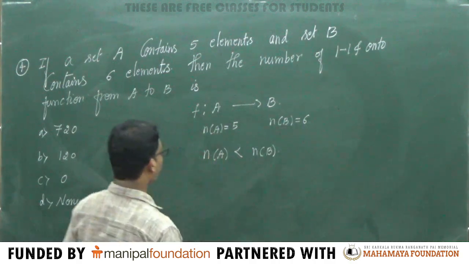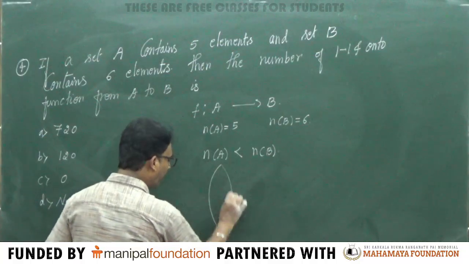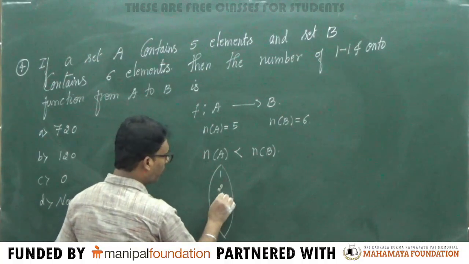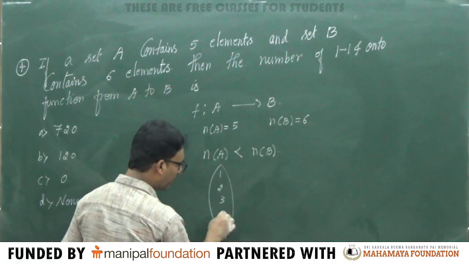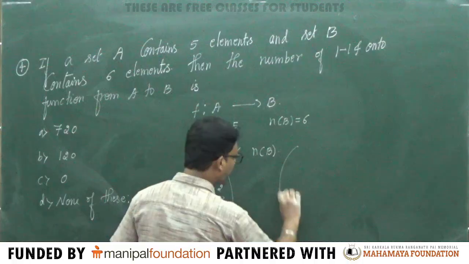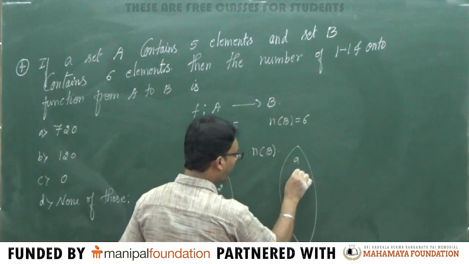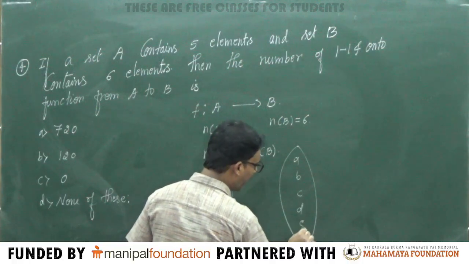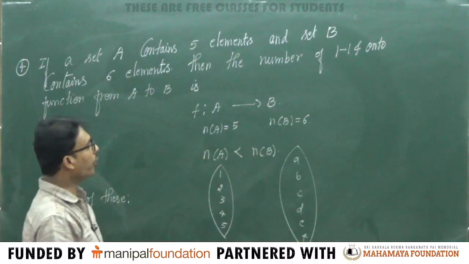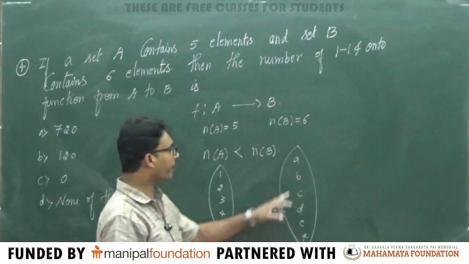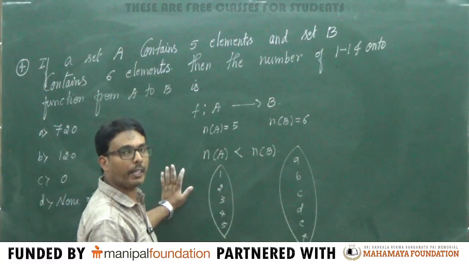For example, we can take 5 elements 1, 2, 3, 4, 5 in the domain, and 6 elements A, B, C, D, E, F in the codomain. If you want to make this function onto, all the elements of the codomain must be images.